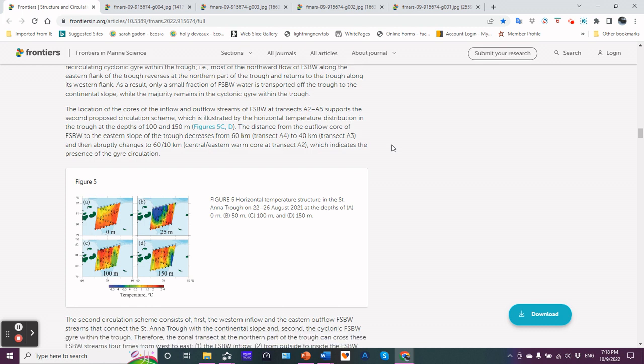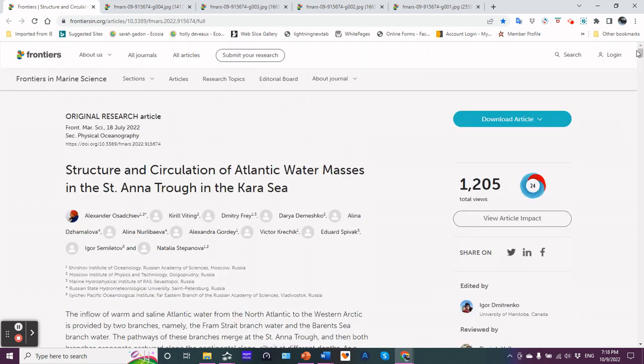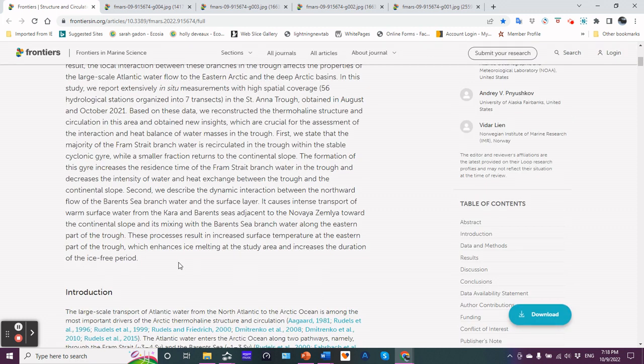This is going to be, and if you go back to the beginning, basically they're abstract. They talk about the waters persisting within this trough that enhances ice melting at the study area.